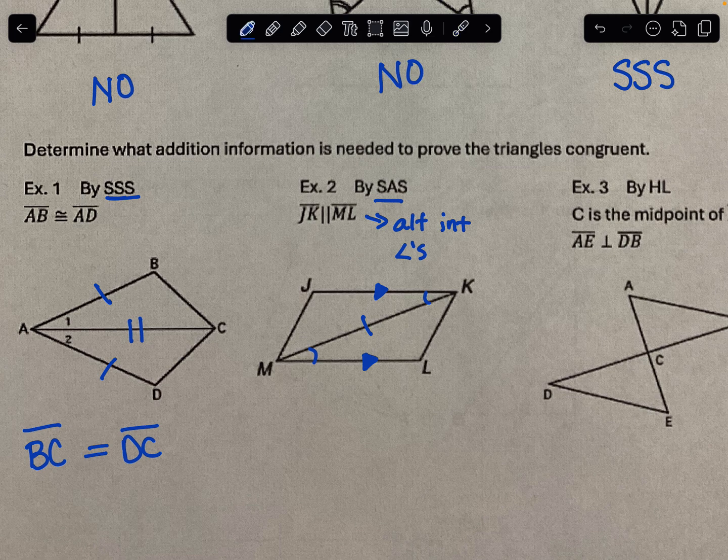Because there's an angle with the shared line. Yeah, because, remember, if I know this side, right? And then I have this angle, so then it has to be the side with the angle included between. Okay? So it has to be JK and it has to be ML. Now, could you have used this angle over here and this one? Yes, it doesn't matter which one you choose. That's just the one we went with on this one.